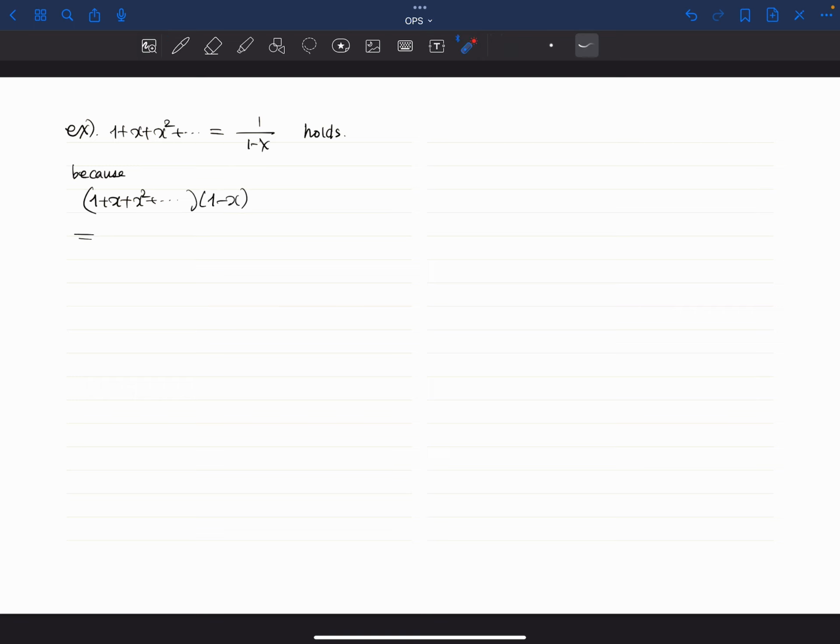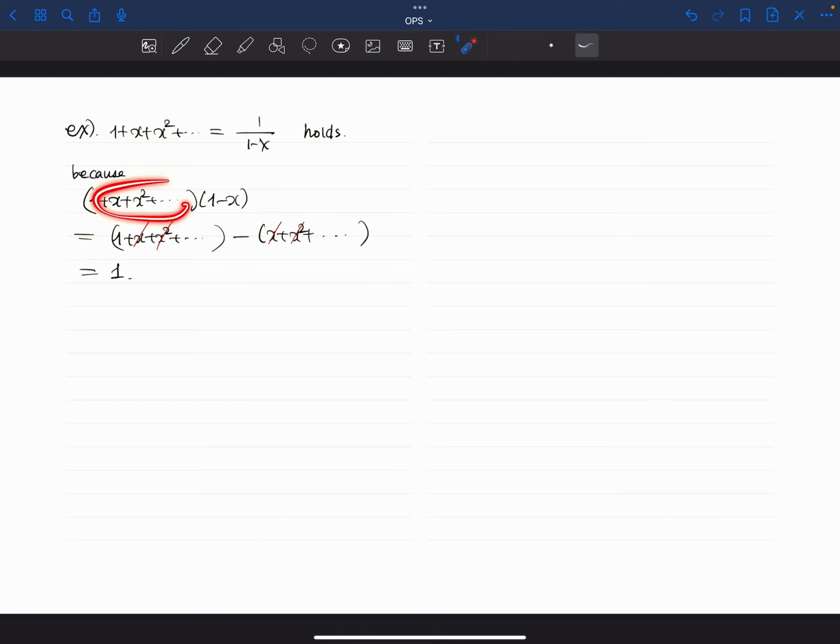So you just expand this, then the distributive law still holds. So it's 1 minus x plus x squared. If you expand this using 1, and then multiply x to every term over here, then you get x plus x squared plus ... So everything cancels except the first one, which is 1.